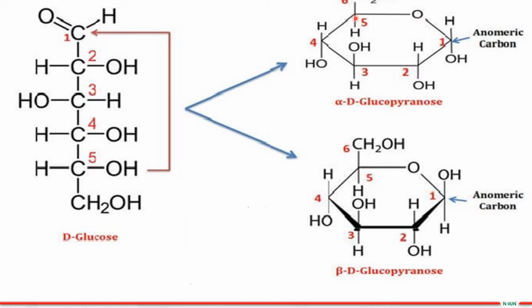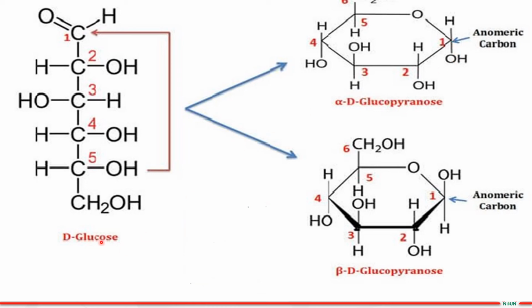a structure or a sugar that is a six-sided structure. You can see 1, 2, 3, 4, 5, 6. So this is an alpha glucose because the OH on carbon 1 is facing down.